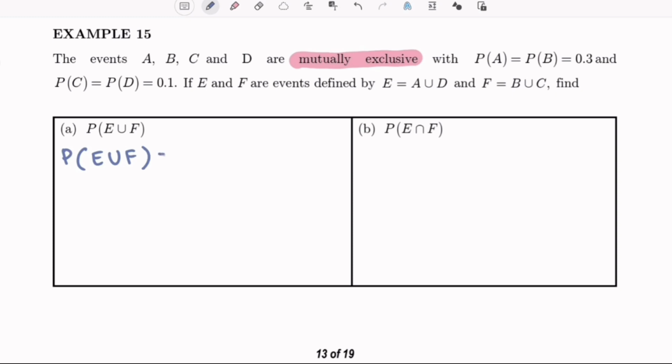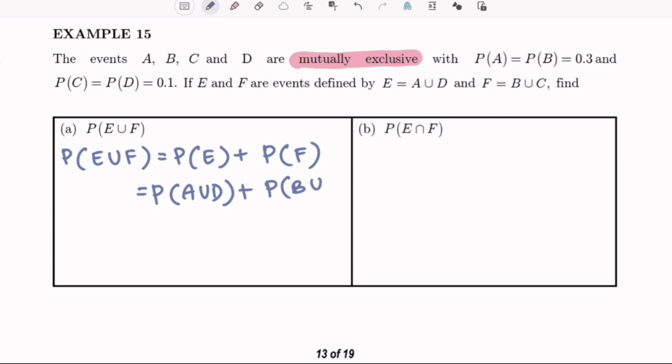Since they are mutually exclusive, you can say that P(E) plus P(F), by the definition given, P(A union D) plus P(B union C), again using the formula given in the notes.